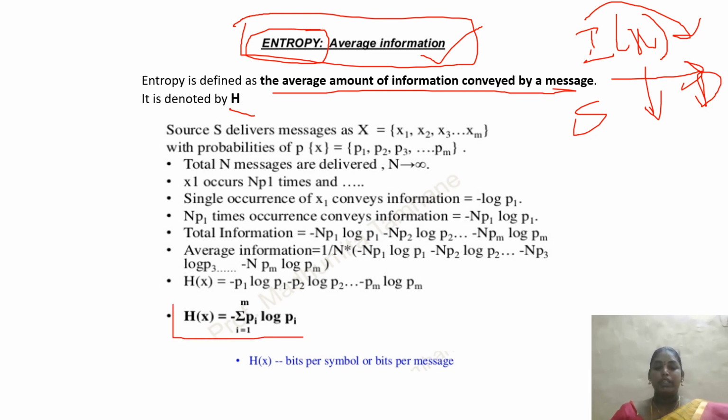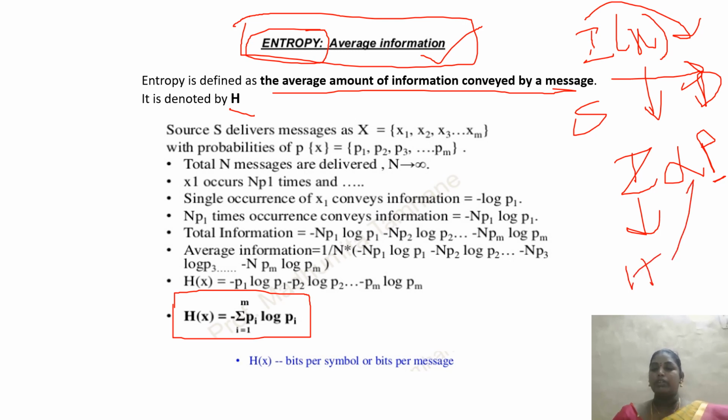So the entropy is given by a simple relation, the average information H of x. We already know that the information I of x is proportional to probability. As it depends on probability, the average information H also depends only on probability. So the entropy relation is again in terms of probability. As we need to communicate n number of symbols, H of x equals the summation over i equal to 1 to m of the probability of that symbol times log of p of xi, with a minus sign. So simply, I of xi into pi.